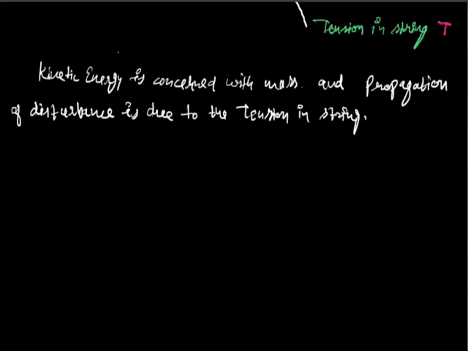Now if we think about the dimensions of tension in the string and the linear density of that string, we know that the dimension of tension in a string is equal to capital M power 1, capital L power 1, capital T power minus 2.